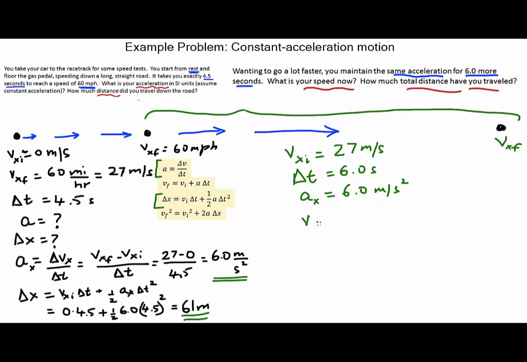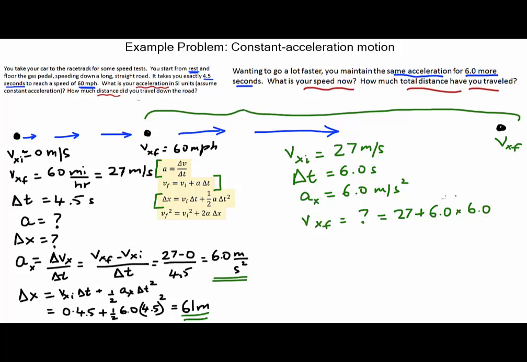And it's asking for Vxf. Now we can use the second equation over here to solve for this. And so that simply is Vxi, which is 27 meters per second, plus a times delta t, 6.0 for a, and another 6.0 for delta t. Meters per second squared here times seconds here.